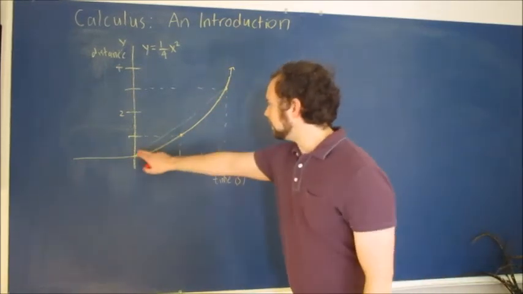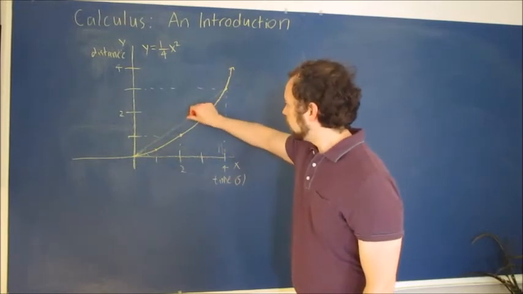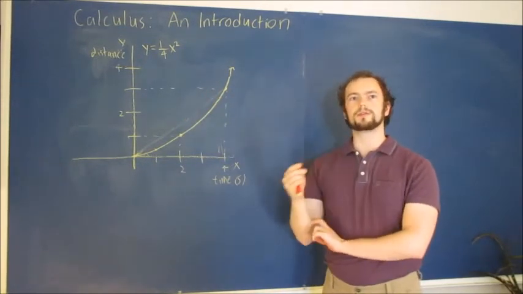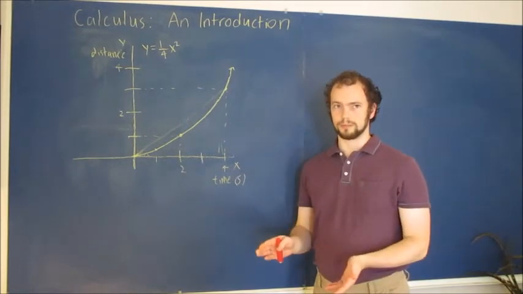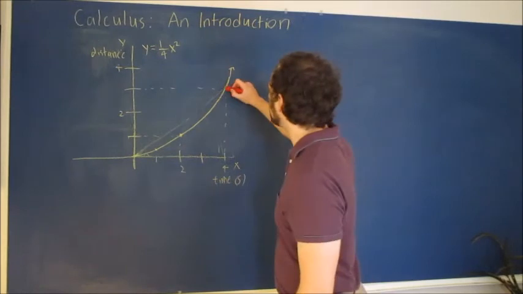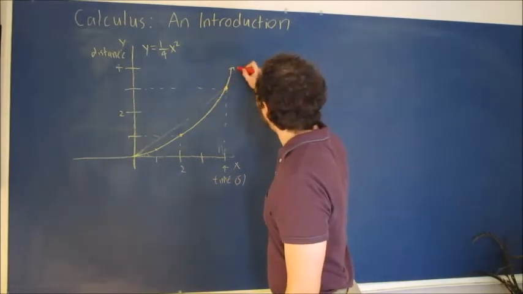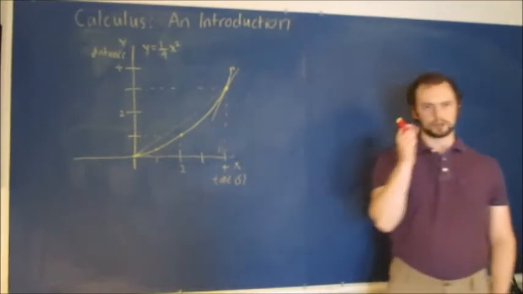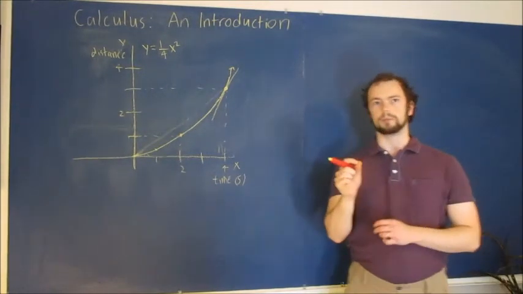So a better way to think about this is, well, let's see if we could find the slope of the tangent line at any given point. So say I wanted to know the tangent line here. Remember, a tangent line is just a line that touches at just one point, right?